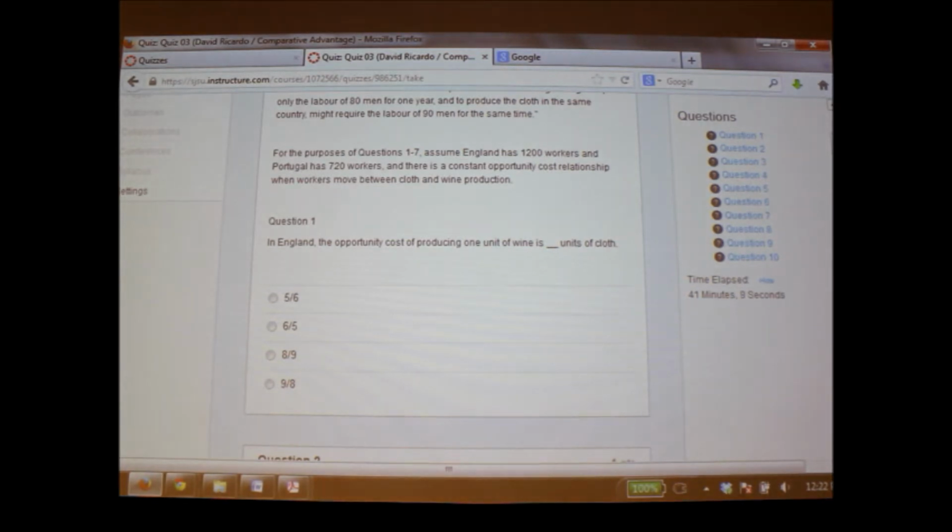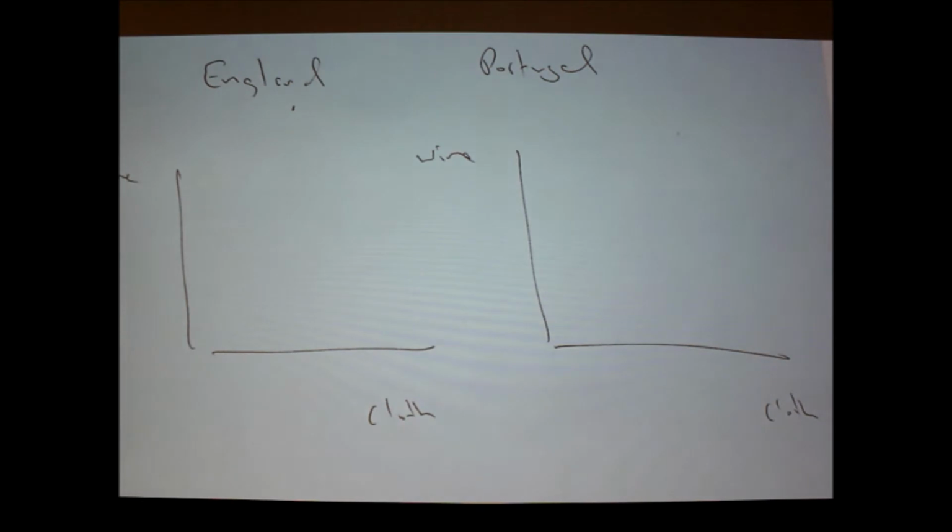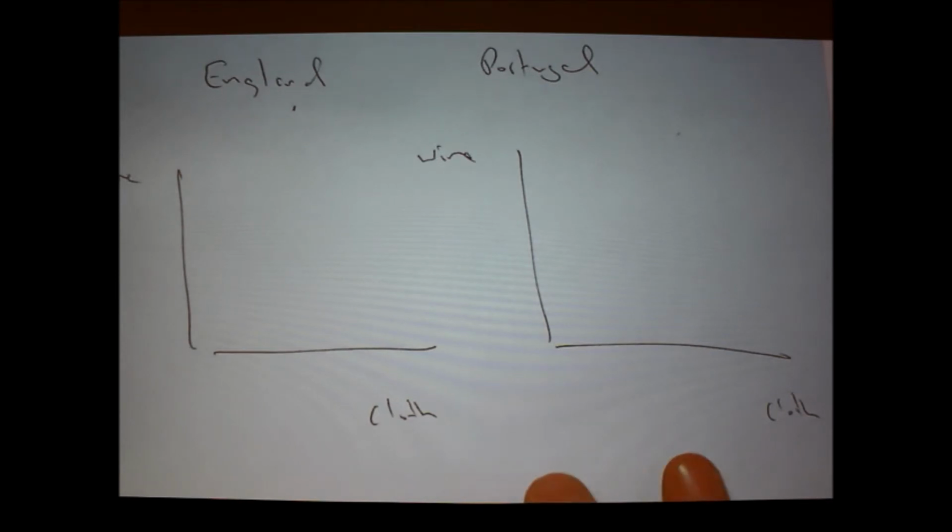So to begin answering this first question, the opportunity cost of producing 1 unit of wine in England, I would suggest that you start out with the following and draw the PPCs. So you know that England has 1,200 workers, and they can produce 1 unit of cloth with 100 workers.